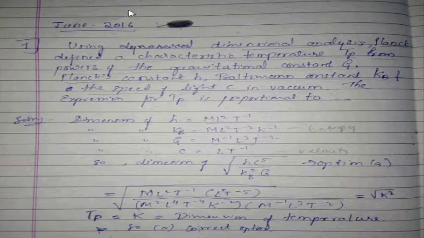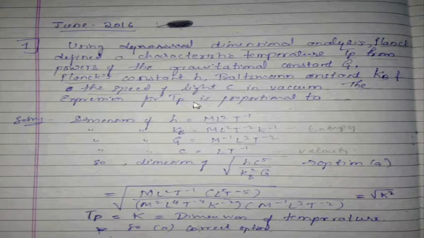This is another question asked on dimensional analysis in June 2016. Using dimensional analysis, Planck defined a characteristic temperature Tp from powers of the gravitational constant G, Planck's constant h, Boltzmann constant kb, and the speed of light c in vacuum.